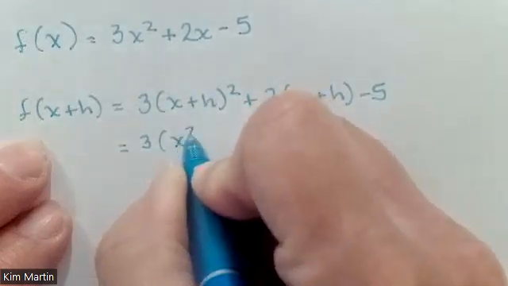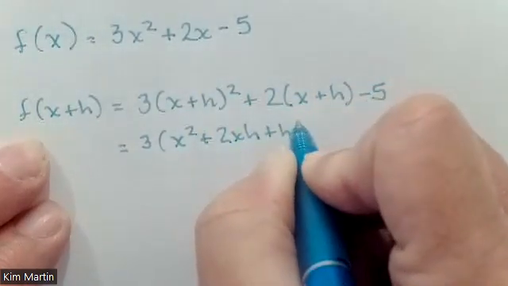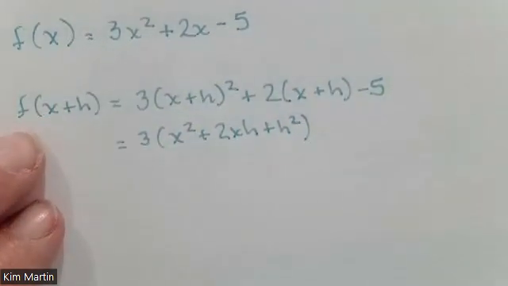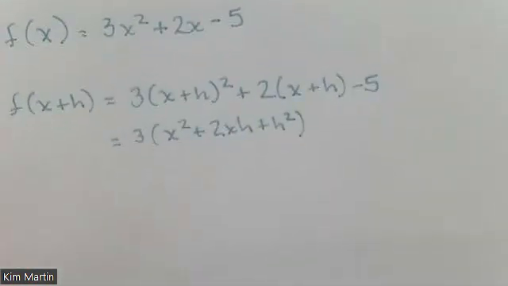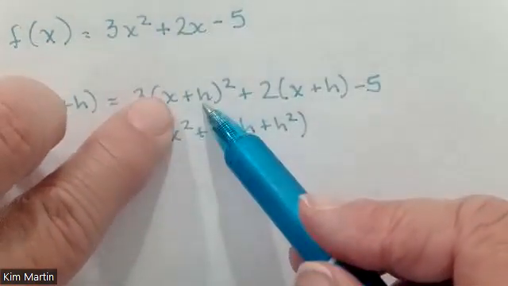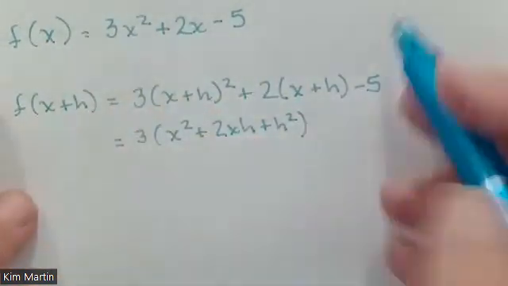This gives me x squared plus 2xh plus h squared. If I skip that step, I can't skip too many steps, okay? Basically, because I already know this, x squared, multiply these together, get xh, multiply by 2 and get that, and then square that.